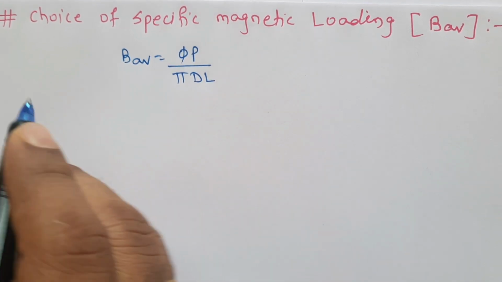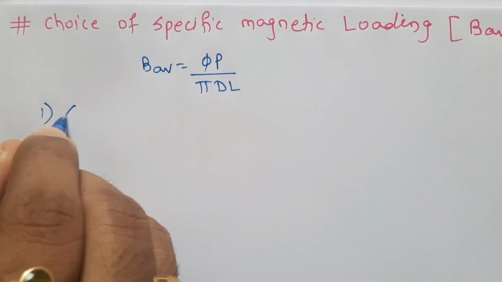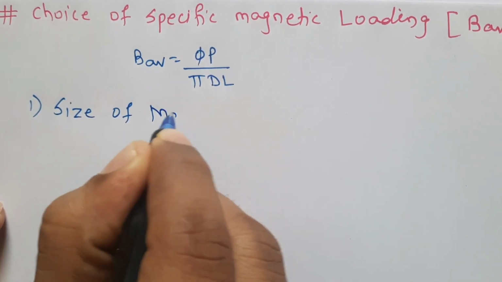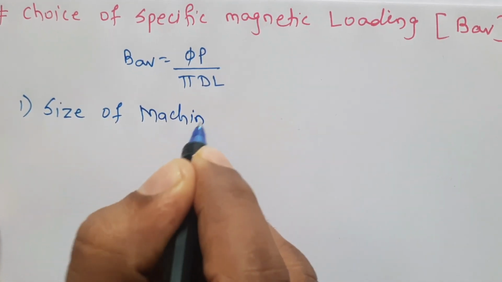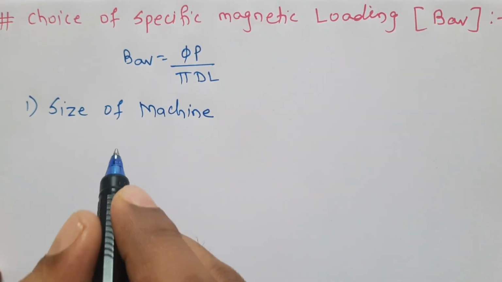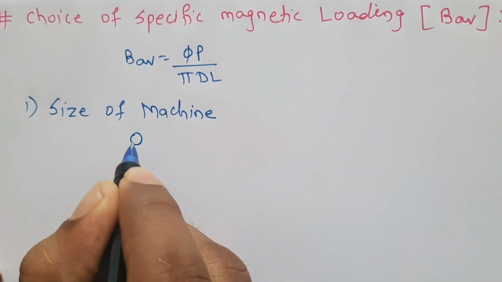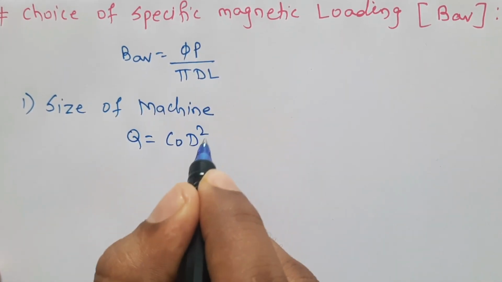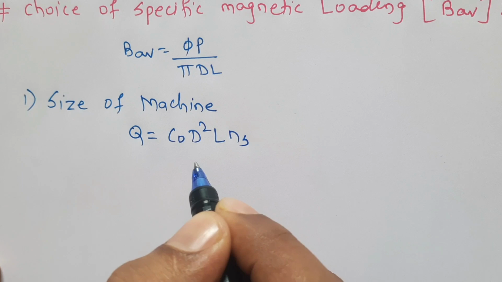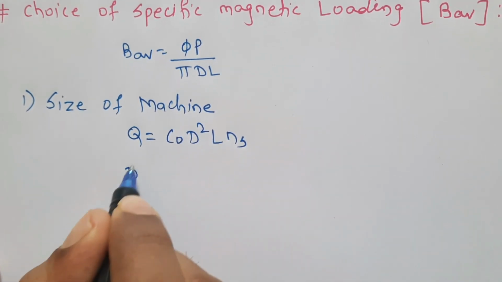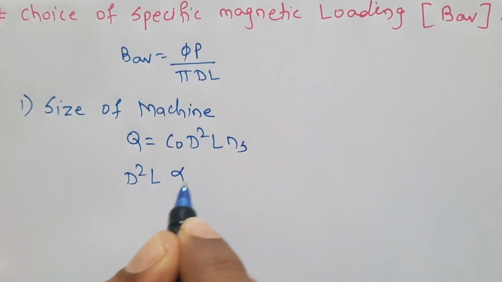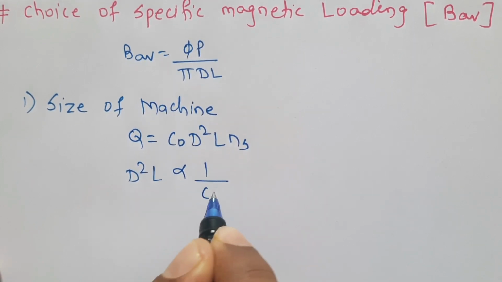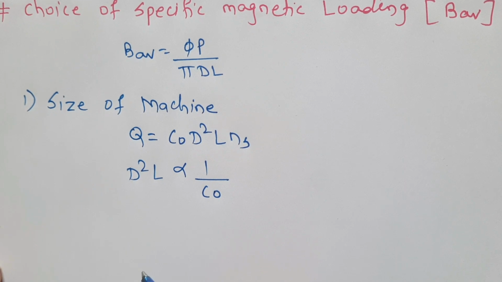First one is size of machine. We know the output equation of a three-phase induction motor, that is Q is equal to C0 into D square L Ns. Then D square L is inversely proportional to C0, that is output coefficient.